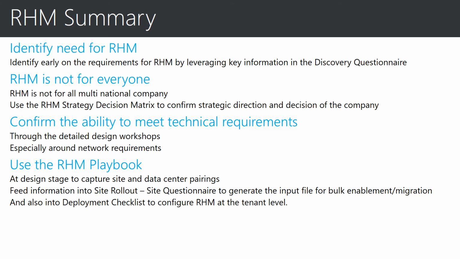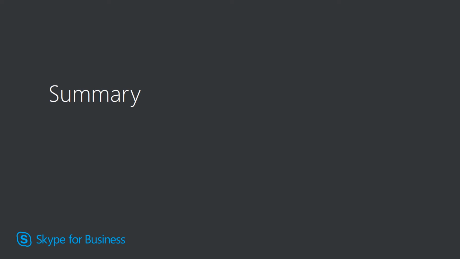Last but not least, use the deployment checklist to track the tenant level configuration of RHM. With all of the updates we are making to SOF, it will now help you navigate the organization's journey with RHM. Let's sum up the entire contents of this training.